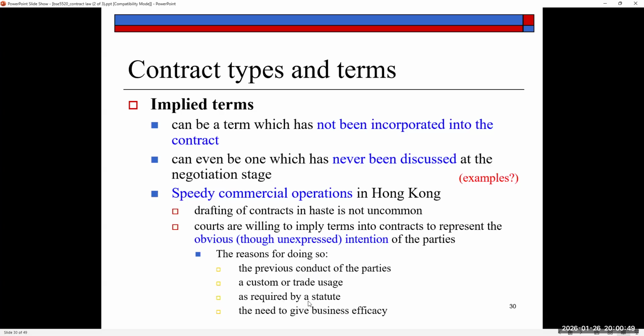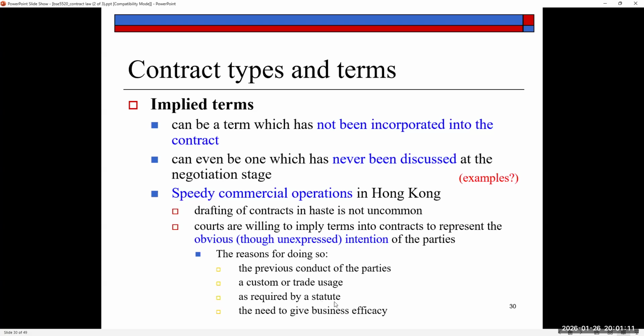As required by statute. Remember what is statute? I mentioned this. Last time I talked about 3 words, right? Statute, status, and statute. Remember that? Statute is one of the 3.